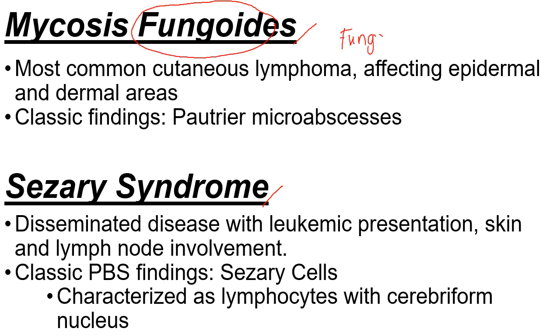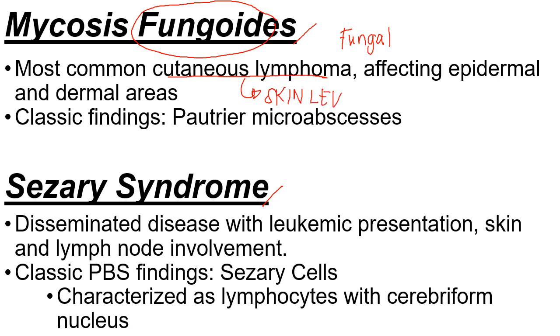Kasi mukha silang mga ringworm pagdating sa skin. Pero under microscope, walang nag-grow. Or under culture, walang nag-grow na fungi. So instead of fungi, ang problema pala nila is bagsak yung T cells nila causing your cutaneous lymphoma. Cutaneous siya kasi at the skin level lang.